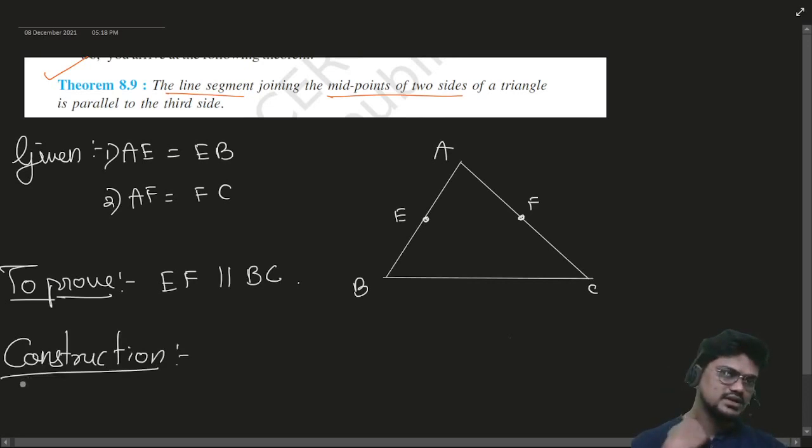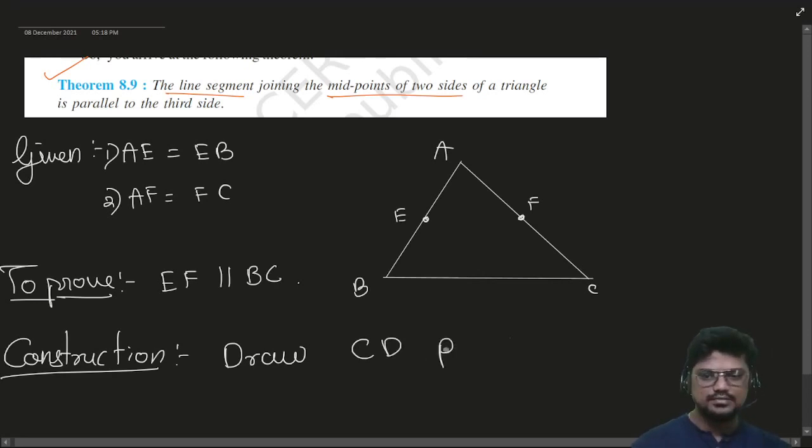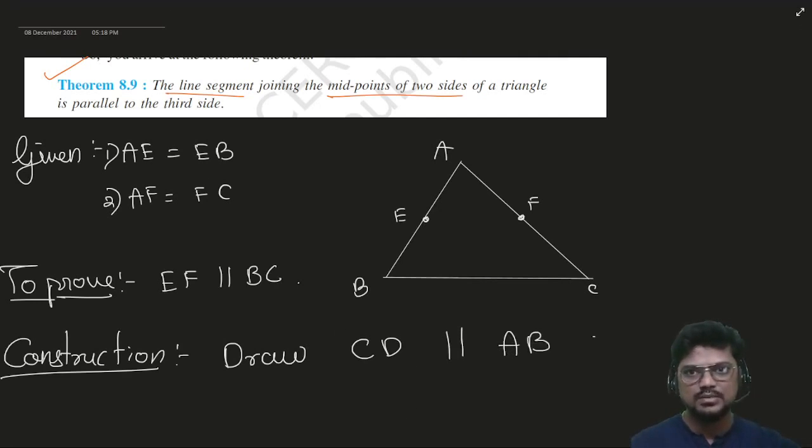Now the construction is: draw CD parallel to AB. If I draw it, it will be like this.